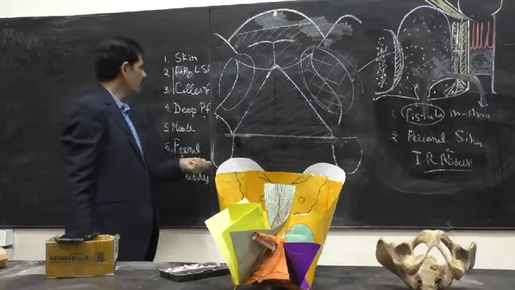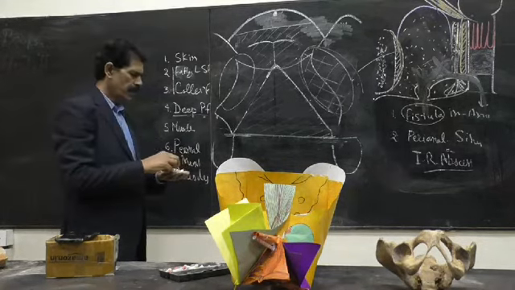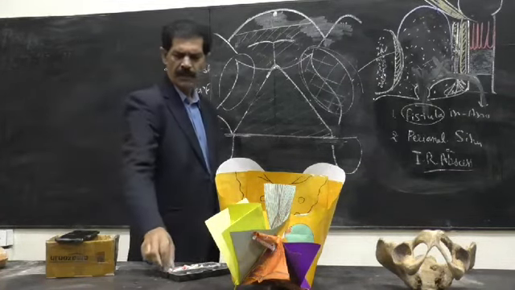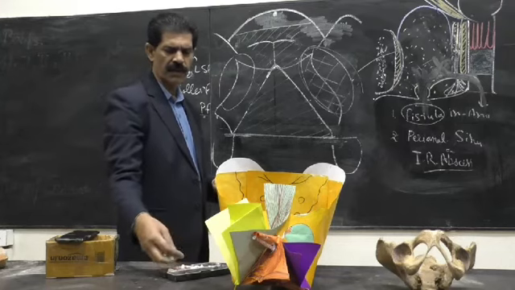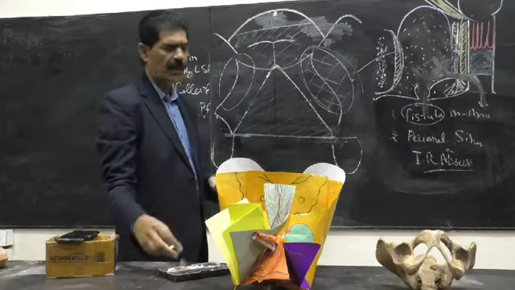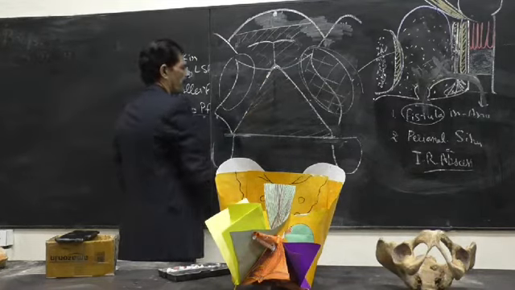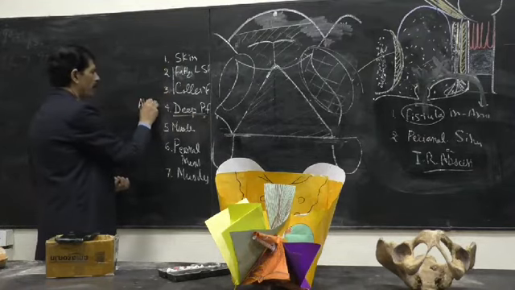And when we remove the Colles' fascia, we find another fascia, what is called the deep perineal fascia. Same rule as anywhere: below the superficial fascia, you will find the deep fascia. But you should know the attachments of the deep perineal fascia.